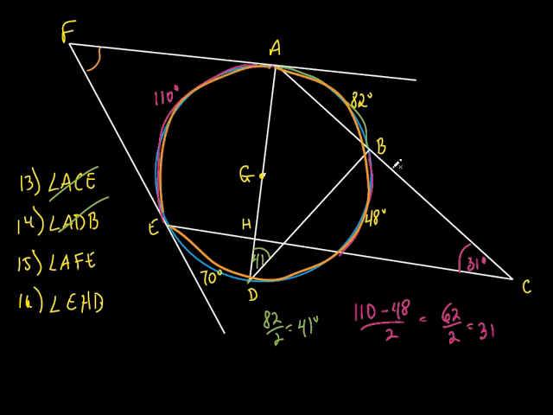That's not too bad, is it? So look, if this is 110, what's this big old arc right here? ABE. It's 250, and I'll put that in orange. So that's 250 degrees.